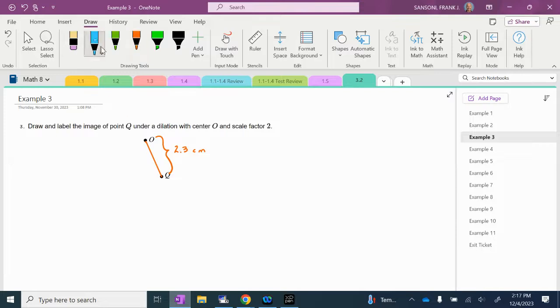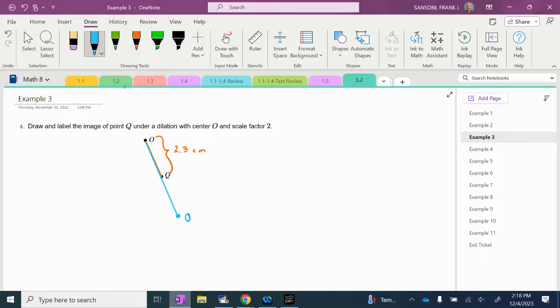So if I want a scale factor of 2, then where should Q prime be located if I start at O? 4.6, right? Because I double it. My scale factor is 2, so I'm doubling it.